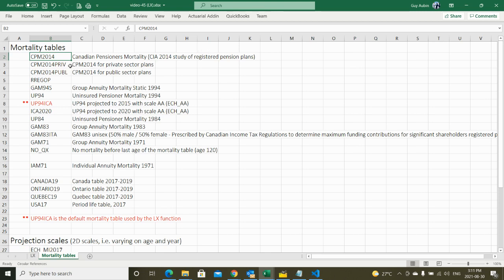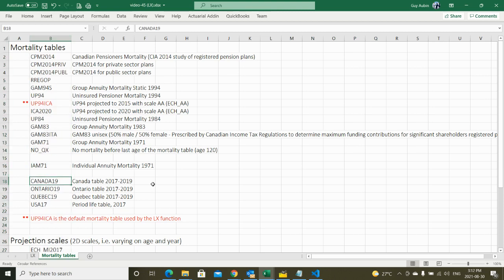The same table has its private sector plans equivalent, CPM 2014 PRIV, and the public sector pension plans, CPM 2014 PUBL. These are in column B. These are the names you would have to refer to in the LX function.